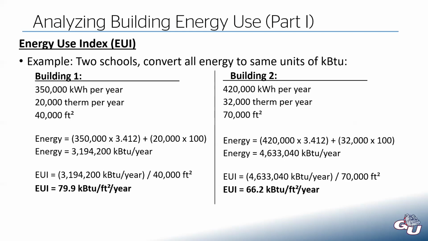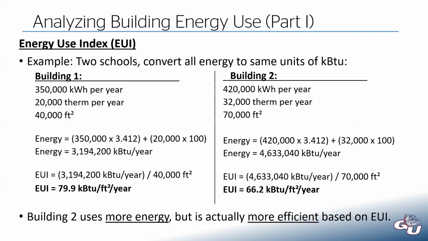And so looking at these two buildings, yes, that second building does use more energy, but when you're looking at the actual EUI to scale for the size of the building, you could say building 2 looks like it's operating in a more efficient manner.